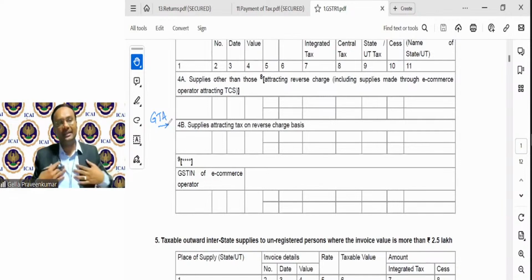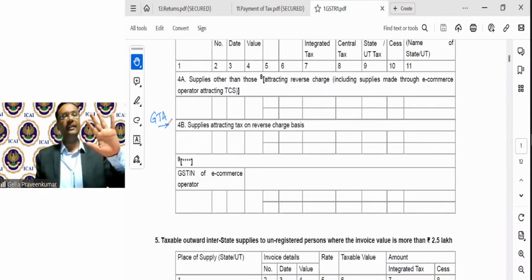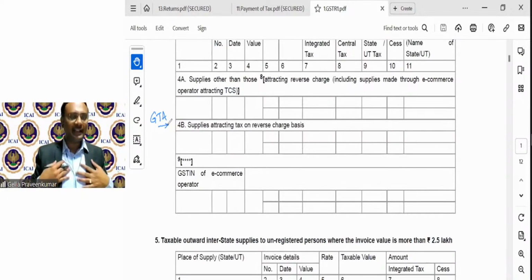As a GTA, I'm registered under GST. I have opted to charge 5%, where the tax needs to be paid on RCM. So I disclose that as VRL or SRS Travels would. I'll say so much of supplies I have made where my recipient, my customer, whose GST number I give here, has to pay tax under reverse charge.